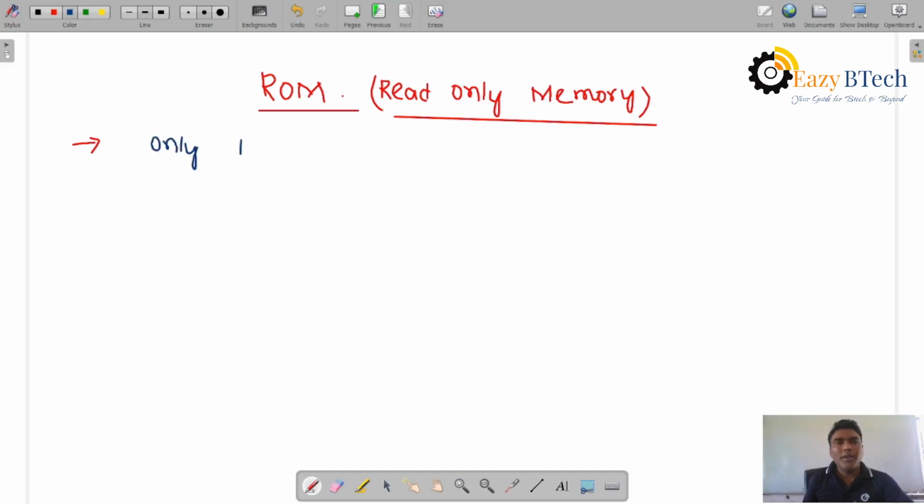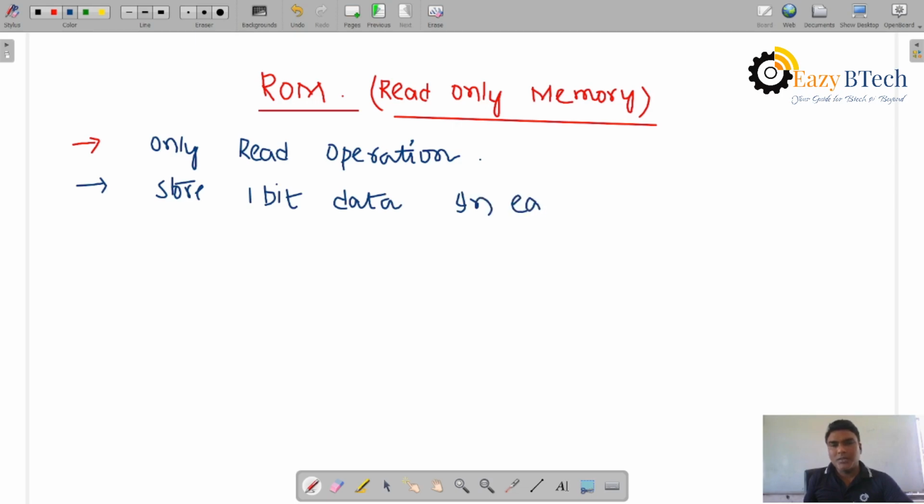It stores 1 bit of data in each transistor. Each MOS transistor stores 1 bit of data.